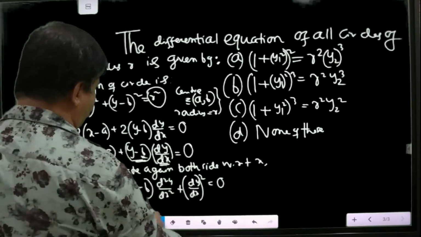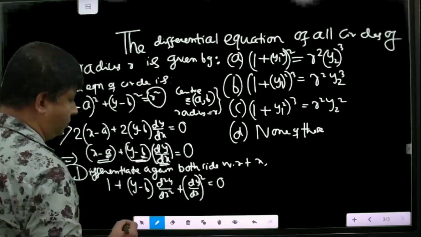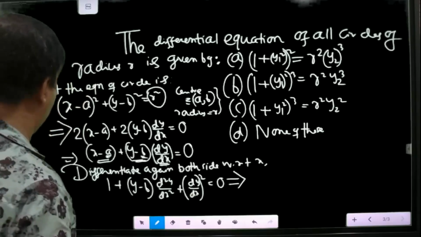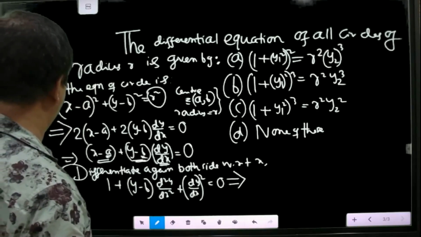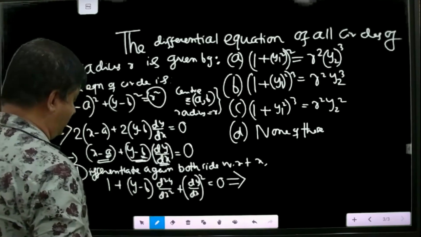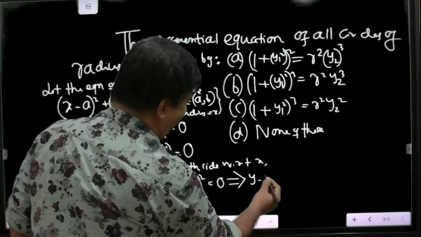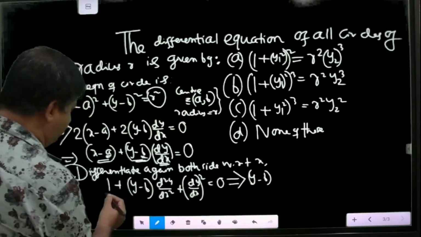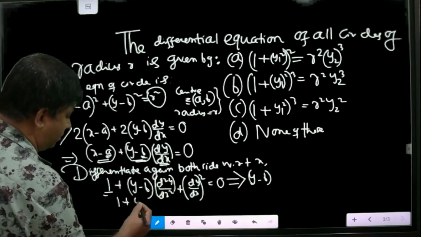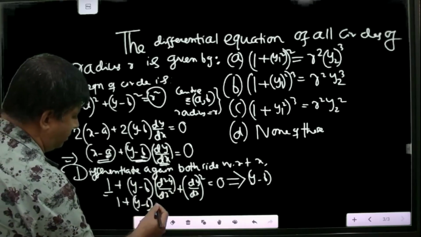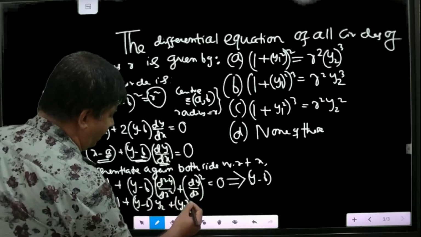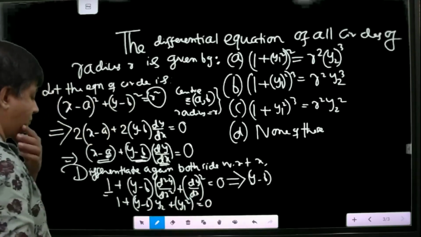See, we have got this result. So from here, what can we write? We can extract the value of y minus b. First of all, instead of d2y/dx2, if you wish, you can write y2, and this is y1 square equal to 0.